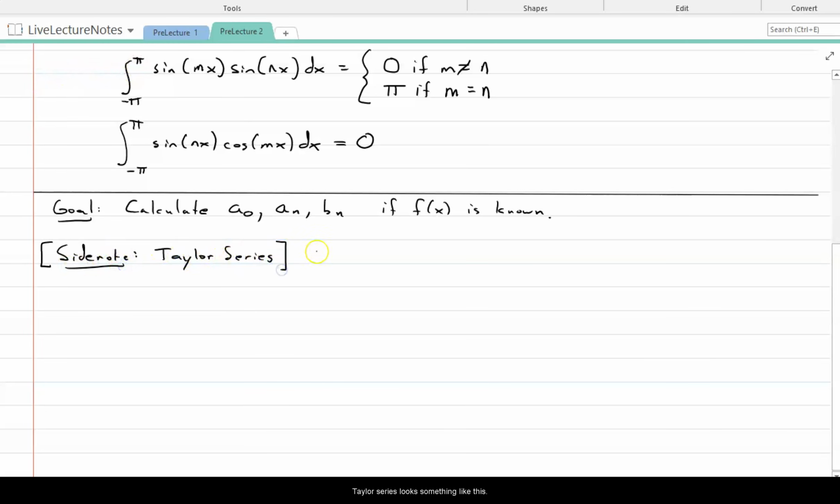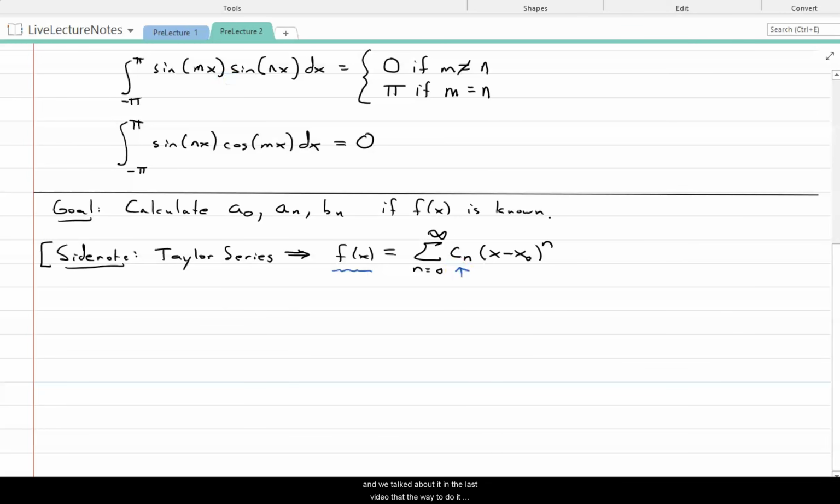So the Taylor series looked something like this, right? f of x was equal to some sum over n of some coefficients, maybe I call them C_n, times (x minus x_0) to the power n, with n equals 0 to infinity, let's say. So same kind of idea. Suppose I know the function f of x and I want to know its Taylor series. I need to know how to get those coefficients C_n.